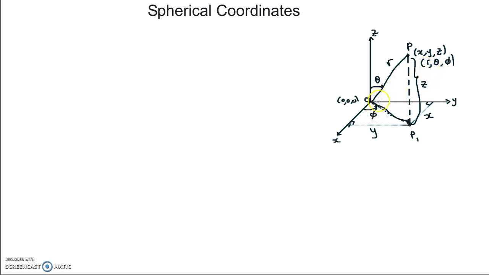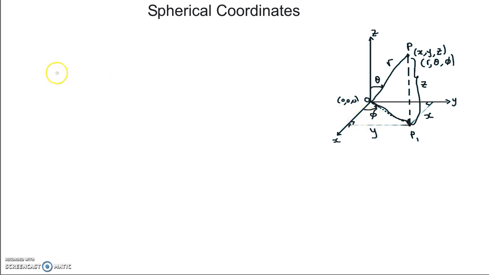To repeat, r is simply the distance from the point to the origin. The angle with the z-axis is theta. And the angle that the projection's line makes with the x-axis is phi.